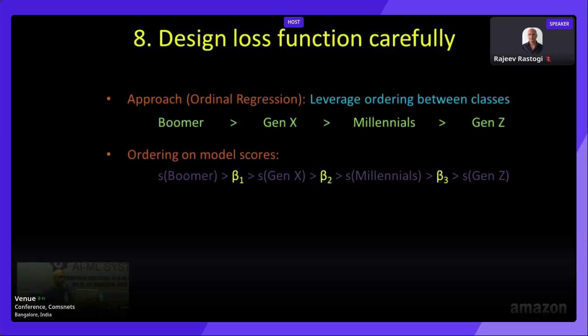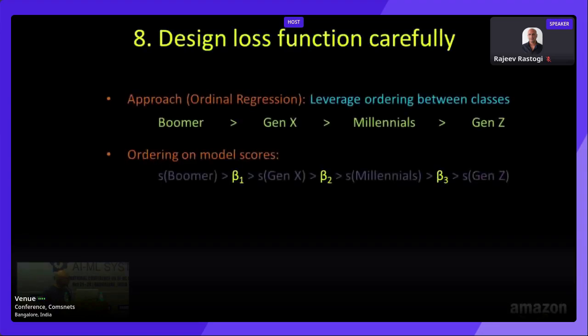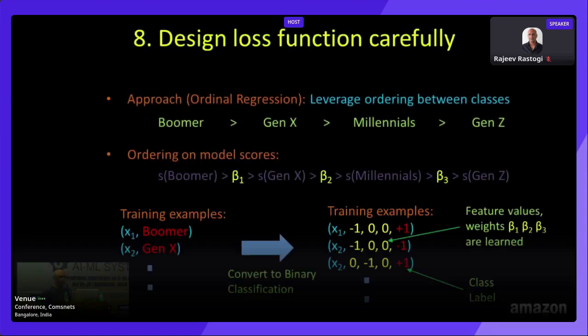So we can reduce this ordinal regression problem to a binary classification problem. So, each of these training examples have these additional features in yellow corresponding to the different threshold values, beta 1, beta 2, and beta 3. And we also have a binary class label with values +1 and -1.